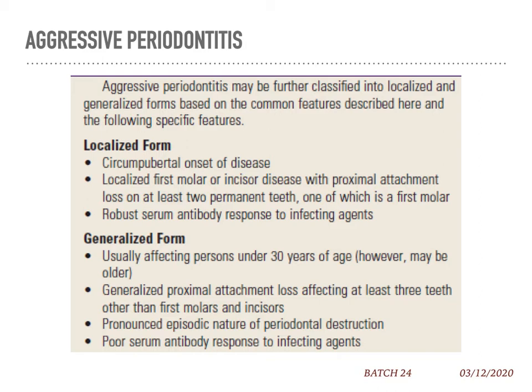The localized form is classified based on localized first molar and incisor involvement, with at least 2 permanent teeth involved, one of which should be the first molar, and not more than 2 teeth other than the first molar and incisor involved. So just 2 teeth involved can result in localized aggressive periodontitis, and to a maximum of 8 plus 2, 10 teeth. The 8 teeth I am saying is 4 incisors and 4 molars.